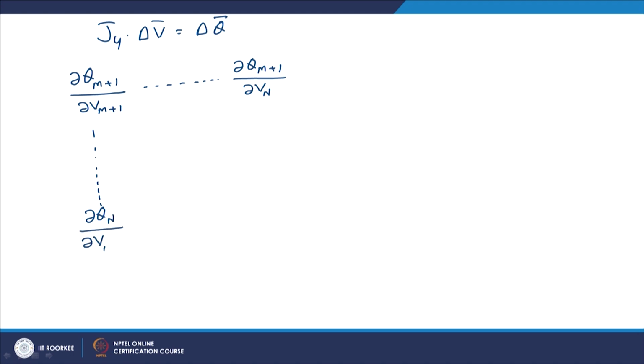So the matrix has elements del q m plus 1 by del v m plus 1, dot dot dot, del q m plus 1 by del v n, and then dot dot dot, del q n by del v m plus 1, dot dot dot, del q n by del v n.